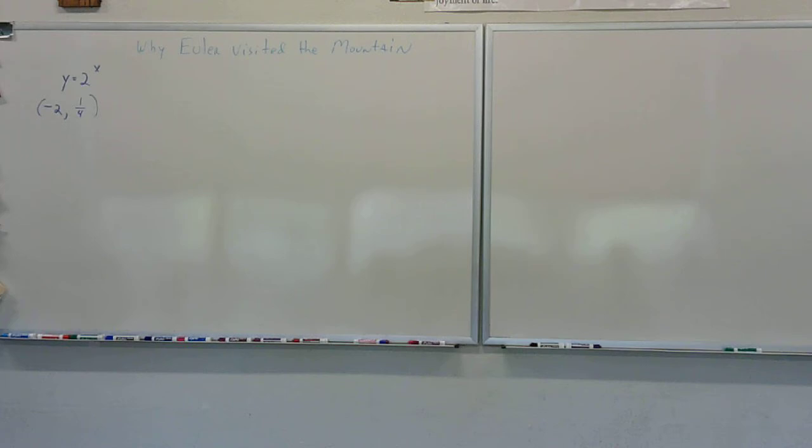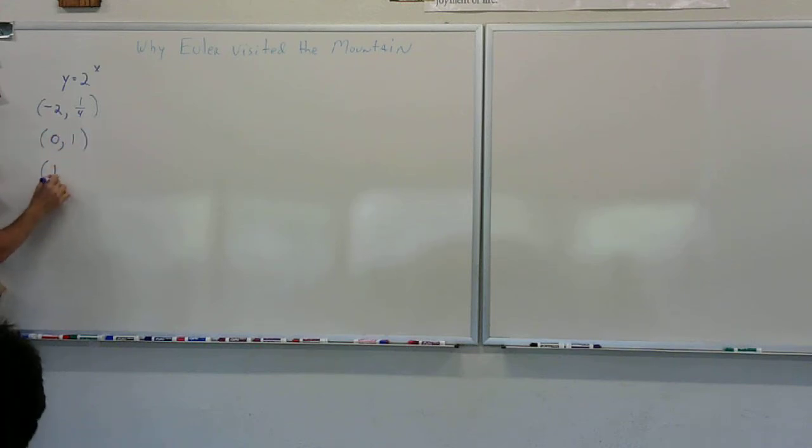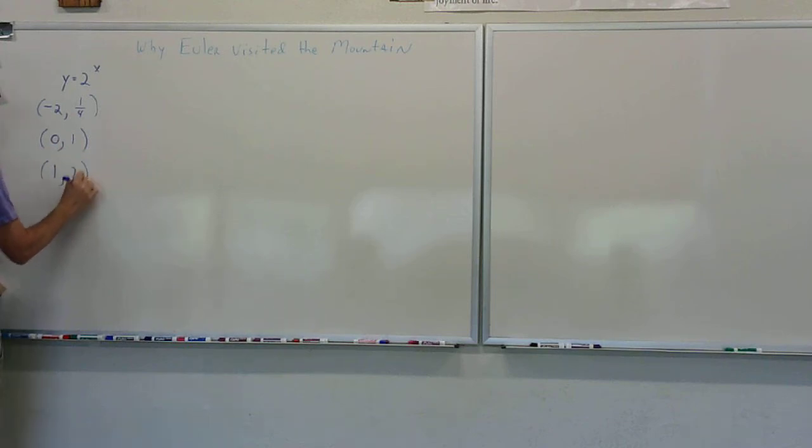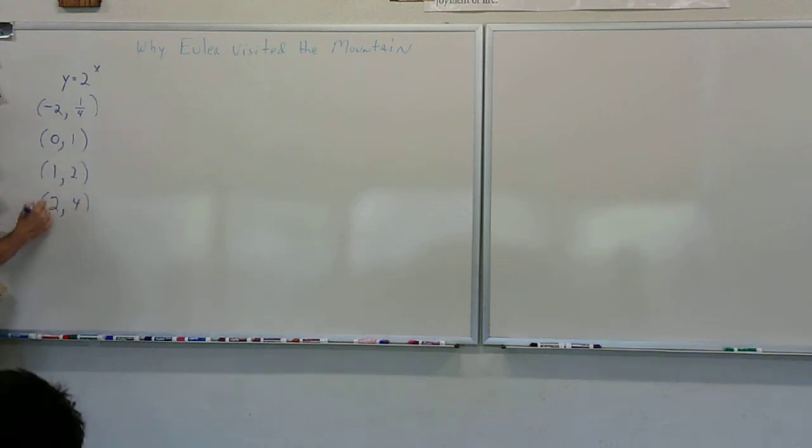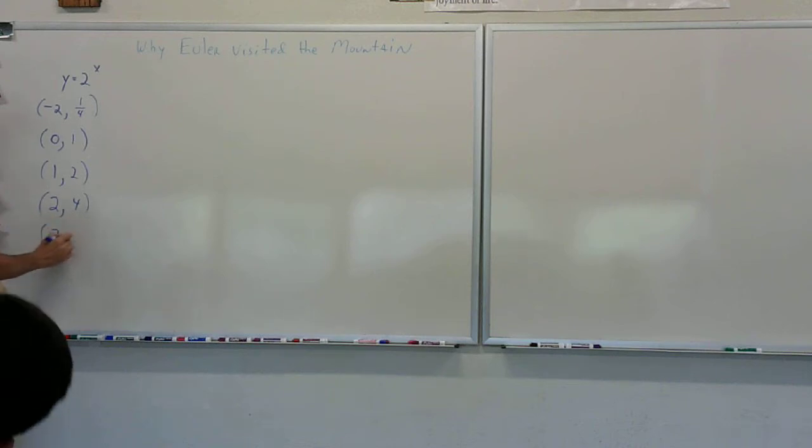Because 2 to the -2, 4, and then take the reciprocal. Good with that? And then we'll do 0. Let's go ahead and skip to 0. Put 0 in there, we've got to get 1 out. Put 1 in there, we have to get 2. Substitute 2 in there, we have to get 4. Substitute 3 in there, we have to get 8.